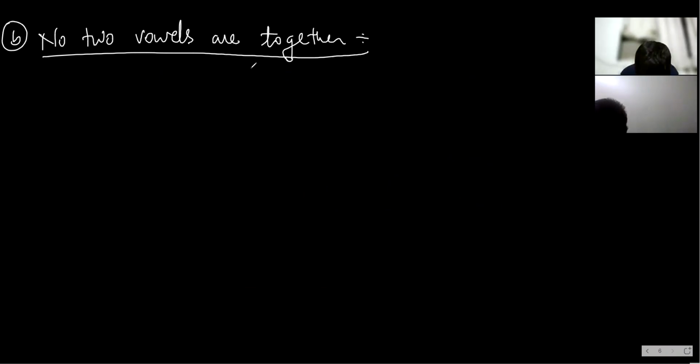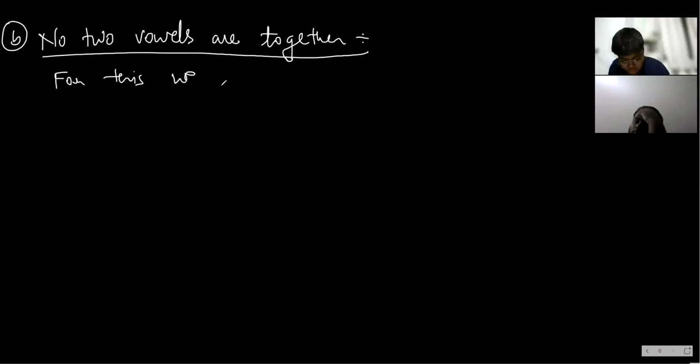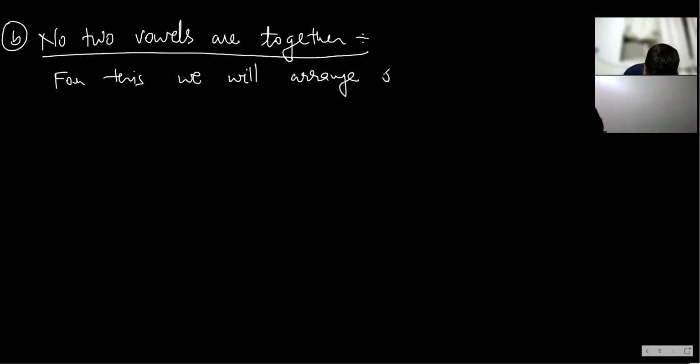So here, I'm writing two vowels are not together. So see, how do I do it? For this, we will first arrange the 6 consonants amongst themselves.